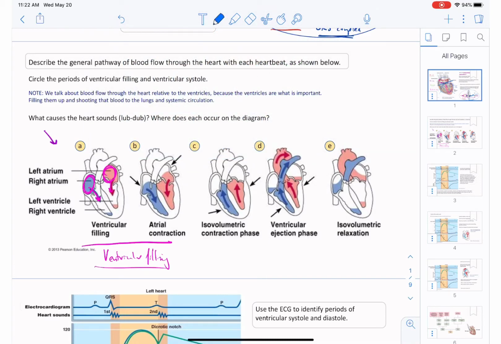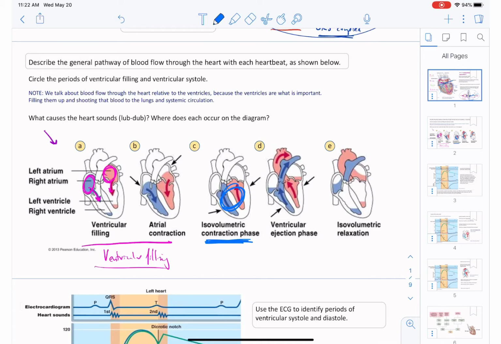Now that the ventricles are filled up with blood, what we want to do is move that blood out through the systemic and the pulmonary circuits, because that's the whole goal. The goal is to pump blood out of the heart, get it through the pulmonary circuit, and also to get it through the systemic circuit. And so what happens is the ventricles contract.